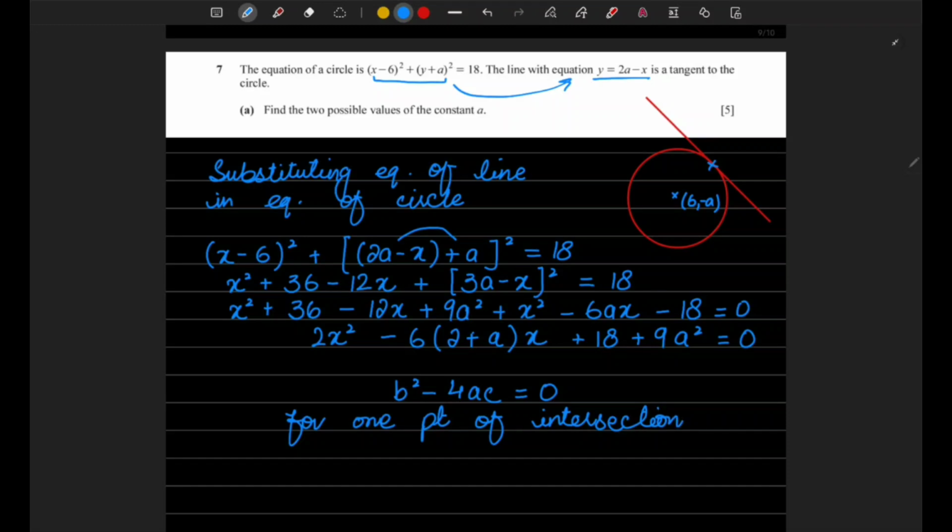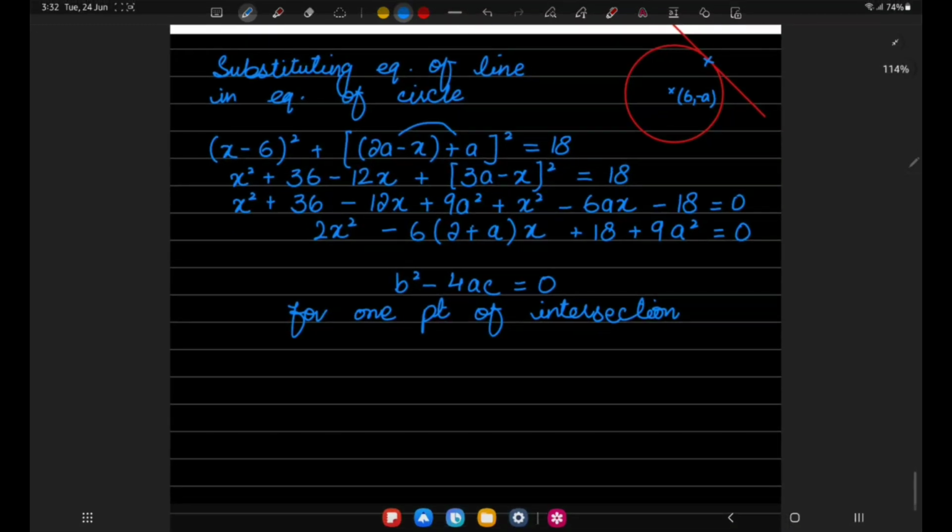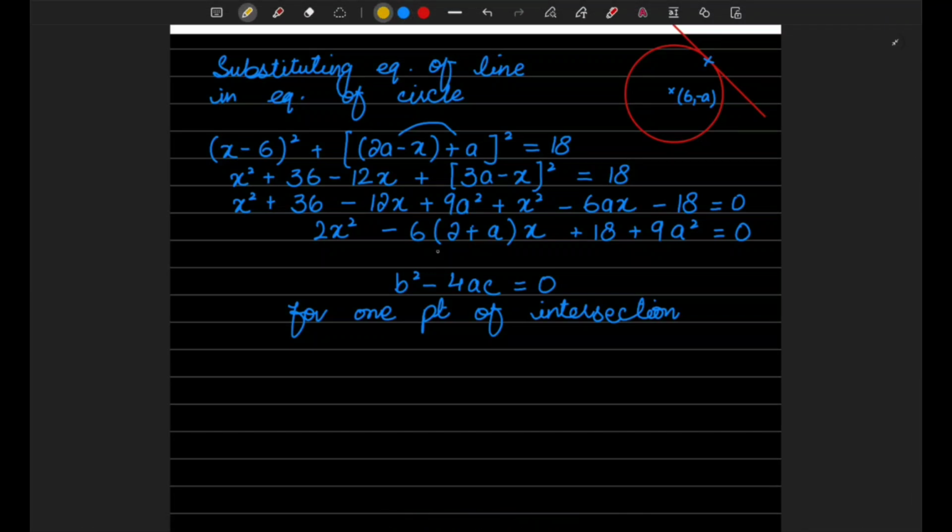Okay, so what is b? b is this, and this is your c.